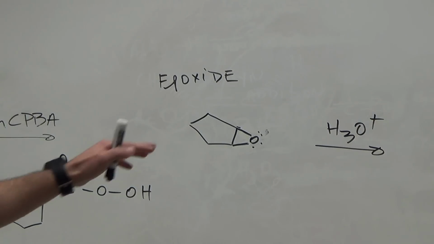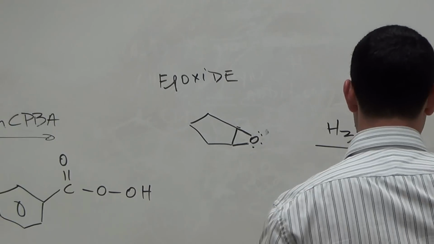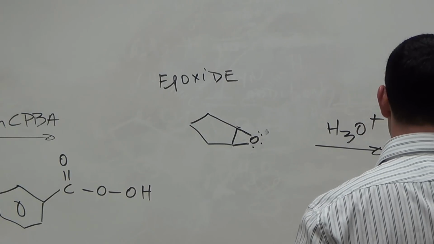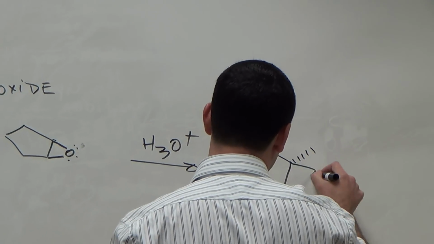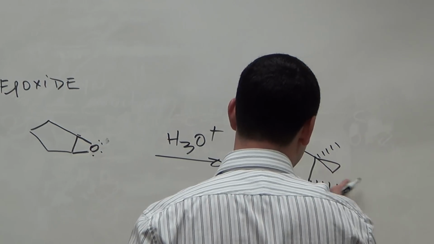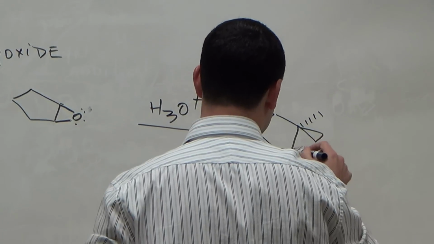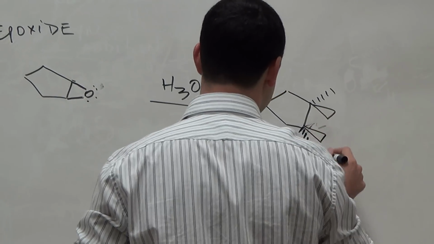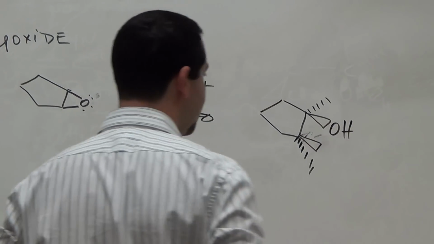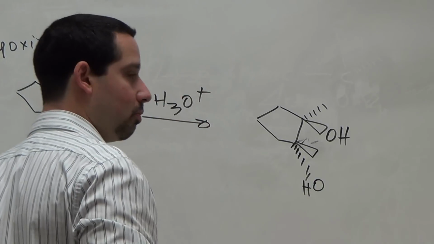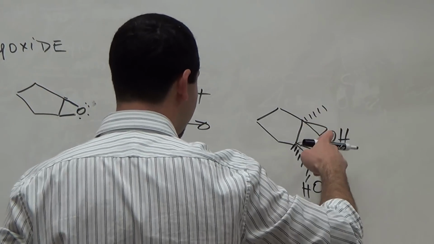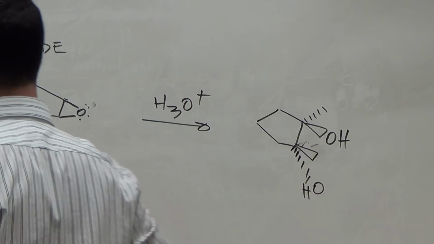So you redraw this, and if one OH goes here, the other OH is at the back, the dash. If you write the OH here, the other OH will go here, the wedge.